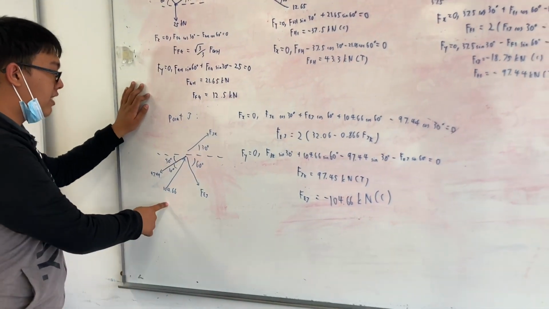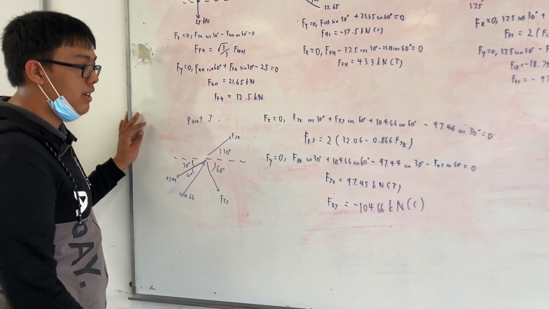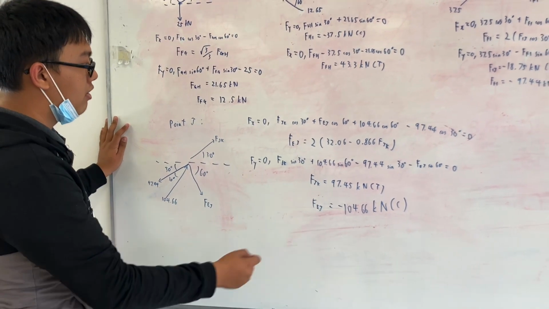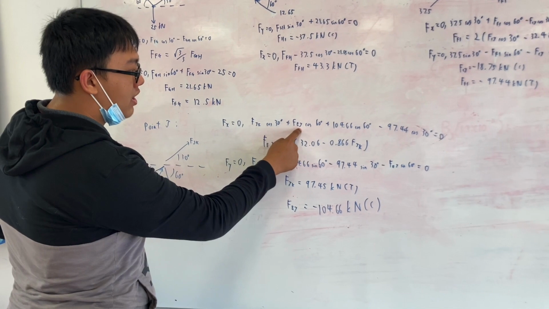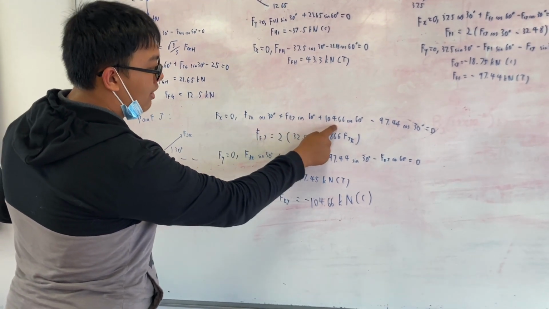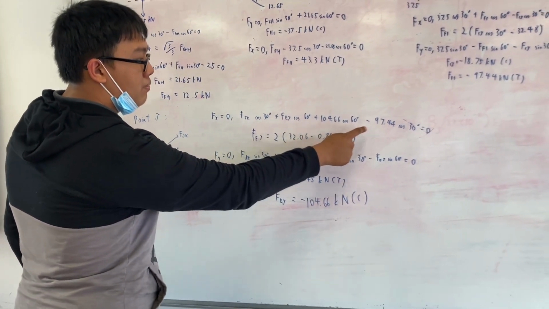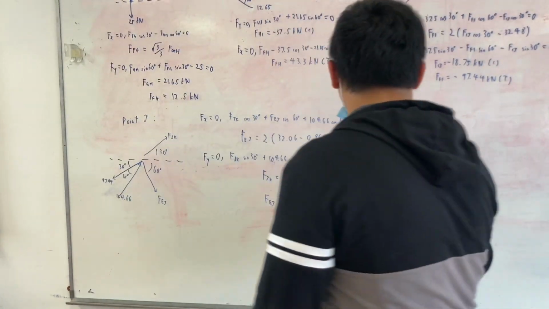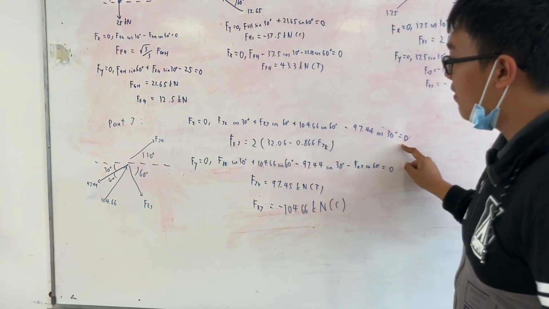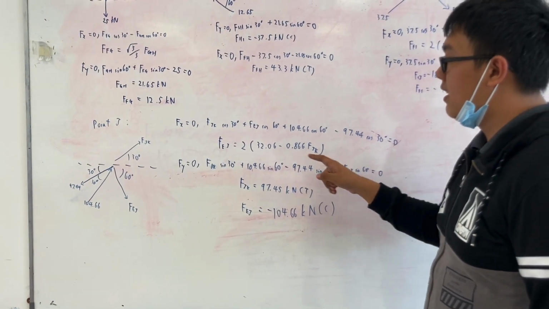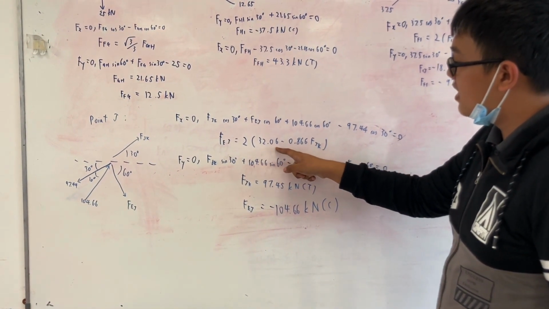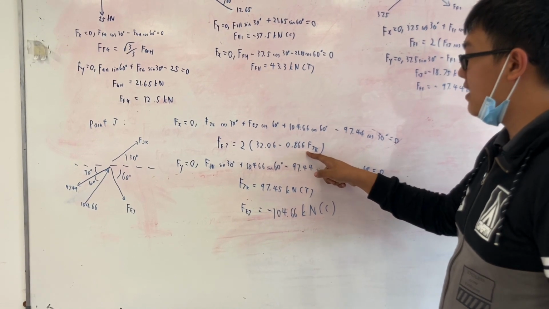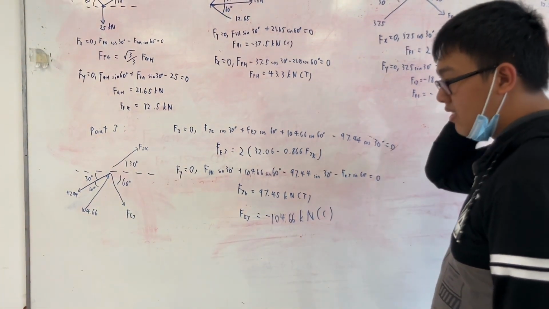After drawing out the free body diagram, we can start with the Fx axis, which is FJK cos 30 degrees plus FEJ cos 60 degrees plus 104.66 cos 60 degrees plus 97.44 cos 30 degrees. From there, I can determine that FEJ is 2 times 32.06 minus 0.8666 FJK.